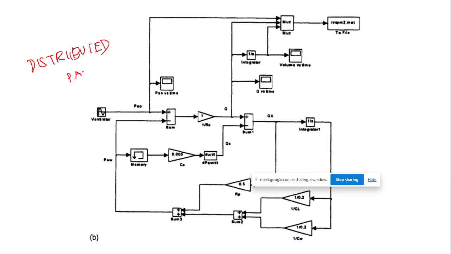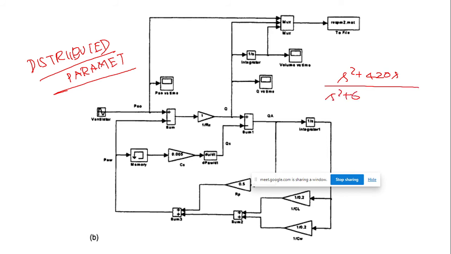In a distributed parameter model, you represent the system with the equation. Whatever equation we have got, we have represented here: 1 by CL plus 1 by CW, into RP into S, and this is 1 by S integrator. The entire system is a transfer function of S square plus 420S by S square plus 620S plus 4000.